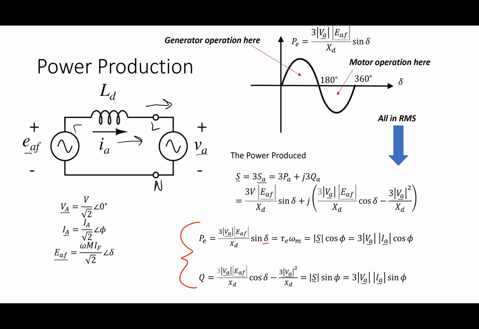If I plot it here, P_E, the electrical power out of the machine, where it's positive, this thing is a generator. Where it's negative, it's a motor. And that's a little bit different than the way you're normally taught to think about power. If you go back to what you learned in circuits 1, positive power there was usually a load, negative power was a generator.